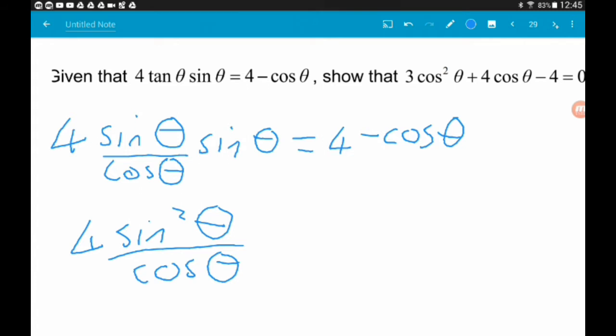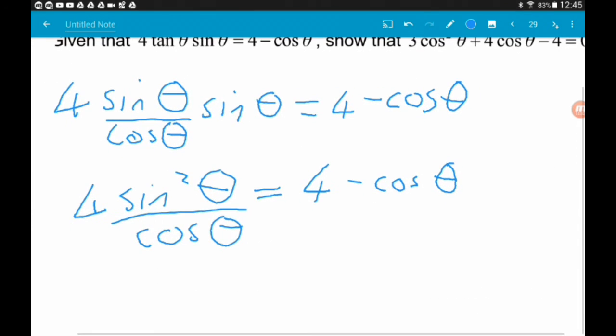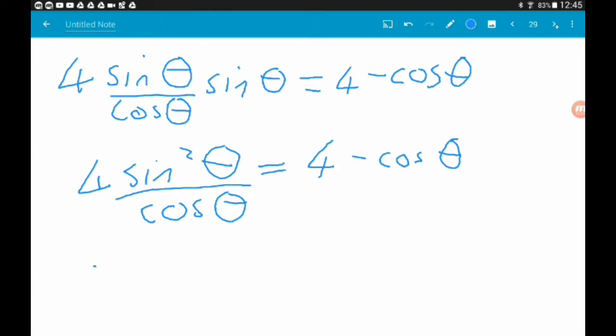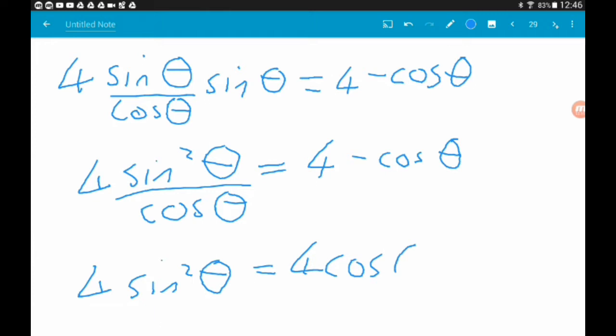And that is equal to 4 minus cos theta. I think my next move would be to get rid of this cos theta so we don't have any fractions. So we then got 4 sine squared theta is equal to 4 cos theta minus cos squared theta.